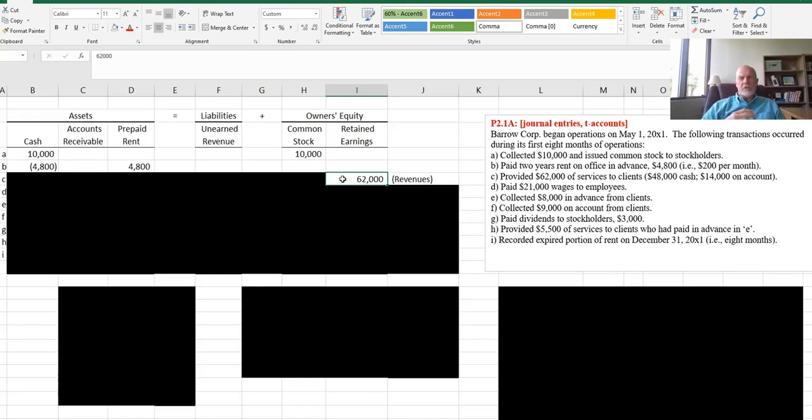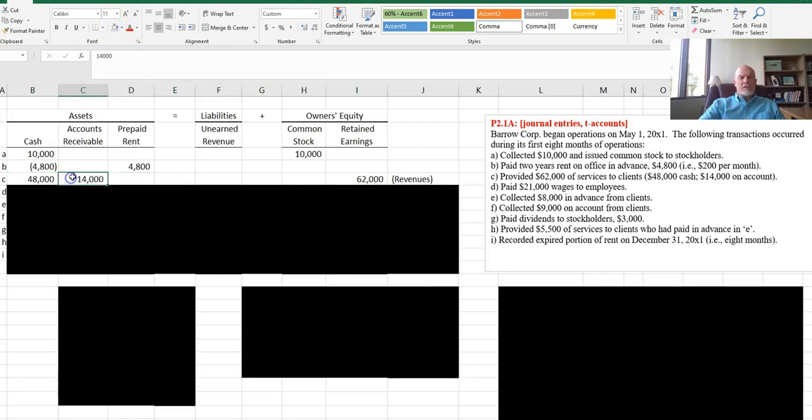The other question is, did we collect the money yet? Well, we did collect $48,000 in cash, so that'll be added to cash. And the other $14,000 they still owe to us. So anything that the customers owe to us represents a future benefit. We will be collecting that money in the future.